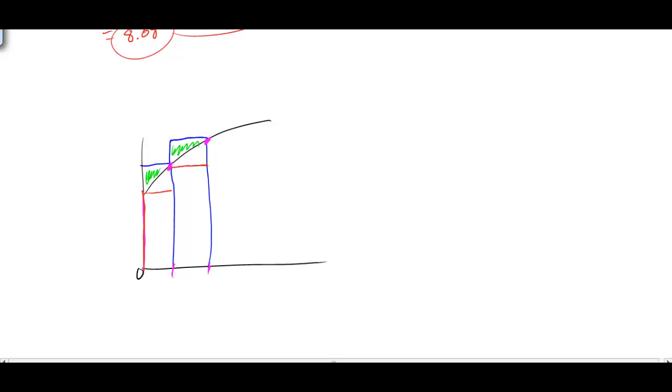So here we would be using the left endpoints. So the left endpoints on this graph would be calculating the lower sums, because here in red your rectangles are below.